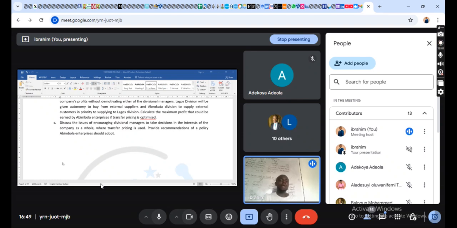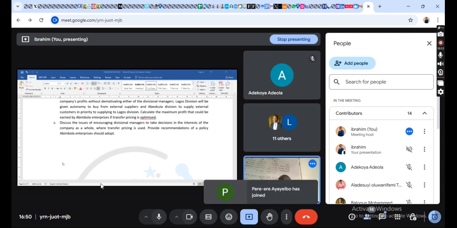For you to encourage the divisional managers, you need to advise the buying division to buy from outside, right? That is autonomy. You can see that it is 65 naira while the selling division is selling at 75 naira, right? Now, which of these will you recommend?